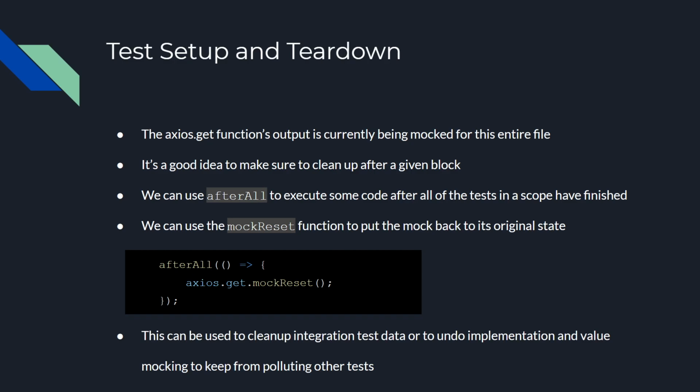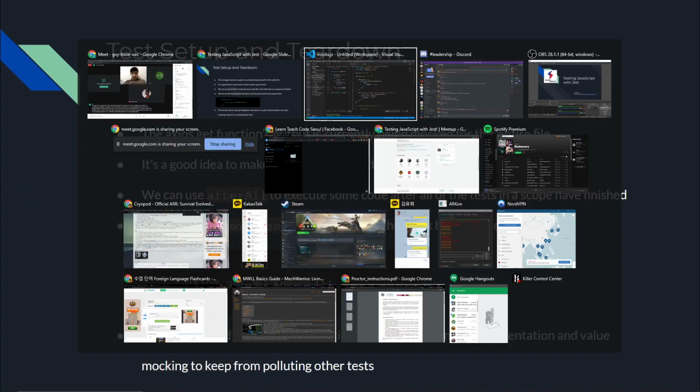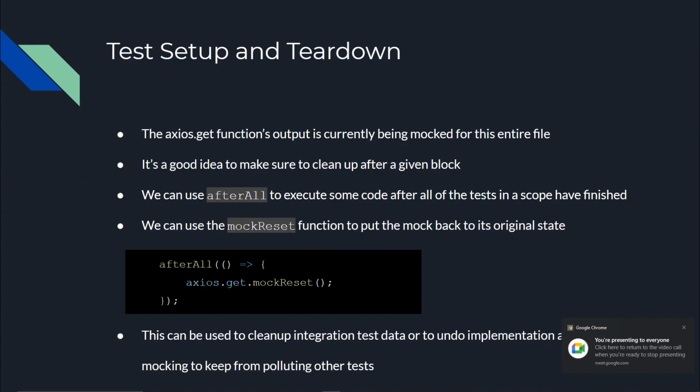So if we did mock implementation without the once part, it would mock it for the whole file because we never undid it. So usually when you do a mock, you also want to use an after all to undo the mocking that we did. So we can do an axios.get mock reset, and that will set the mock back to its original state. So go ahead and add that in to your code as well.